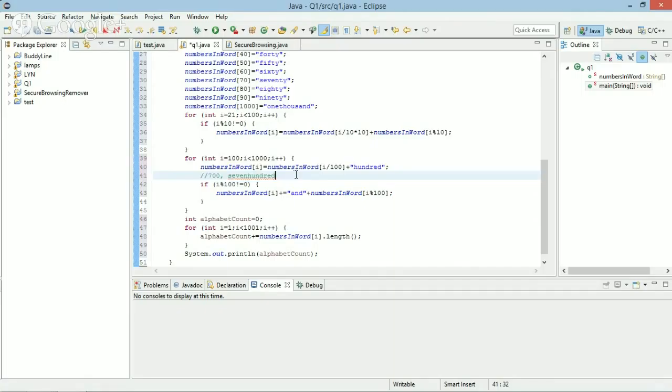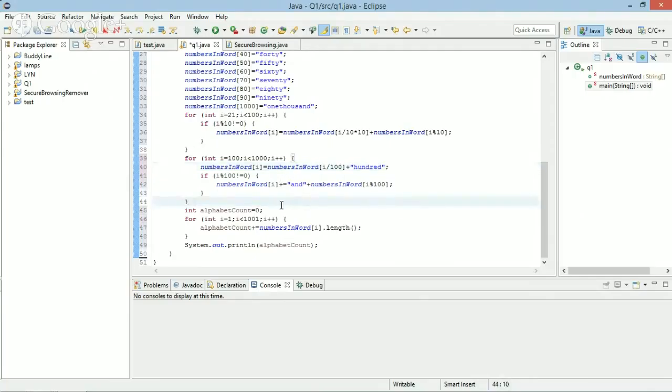Otherwise, we need to add "and" after the hundred. After that, this is the alphabet count, which stands for the answer, because we are counting the letters used from 1 to 1000 when expressed in words.